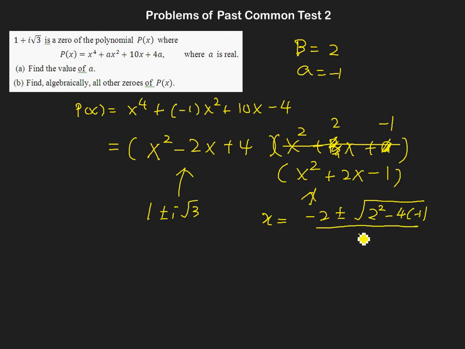You should get negative 1 plus minus root 2. So therefore all the zeros are now known. This is the first pair from the one given, and then we deduced its conjugate to be a 0 too, and this one is from the second factor.